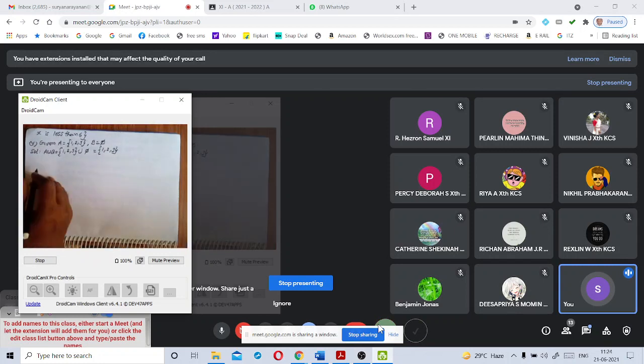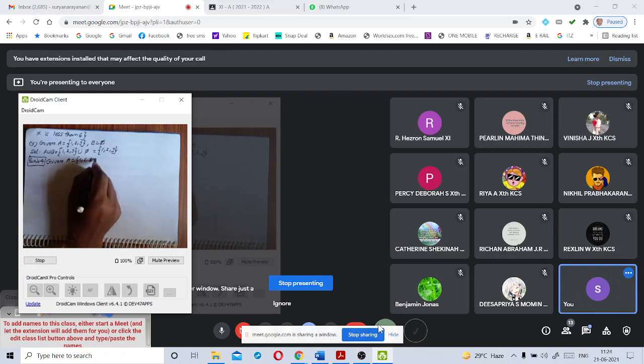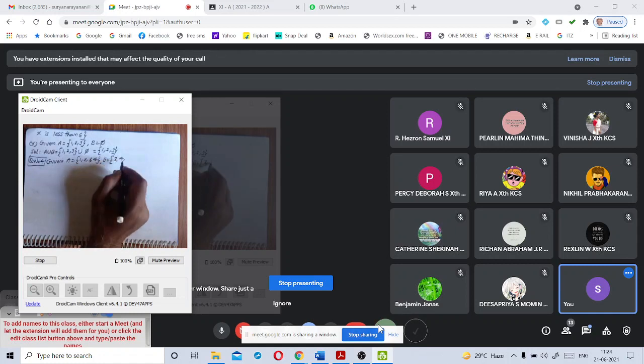Now question number 4. A is equal to the set {1, 2, 3, 4}. B is equal to the set {3, 4, 5, 6}.